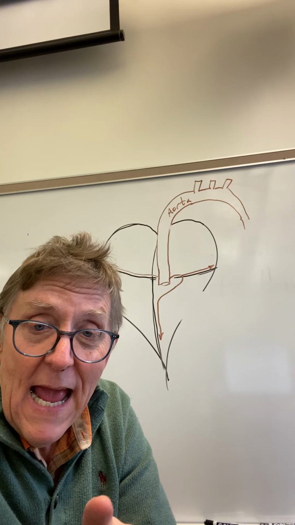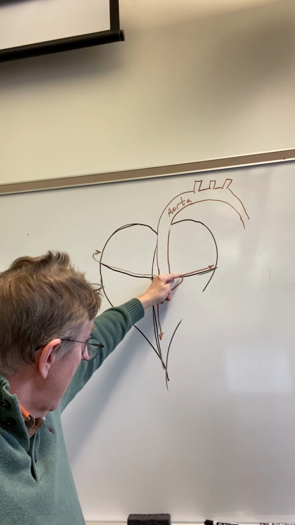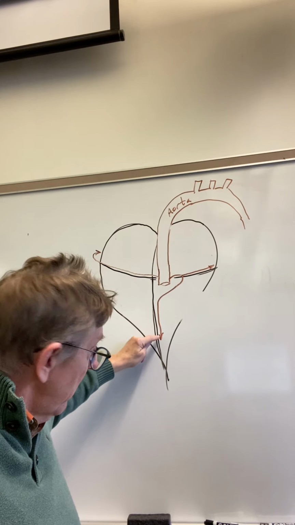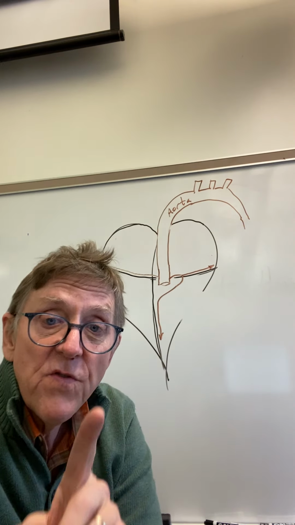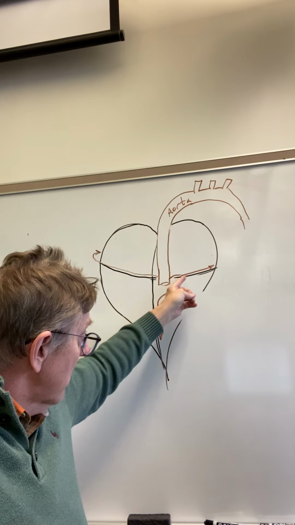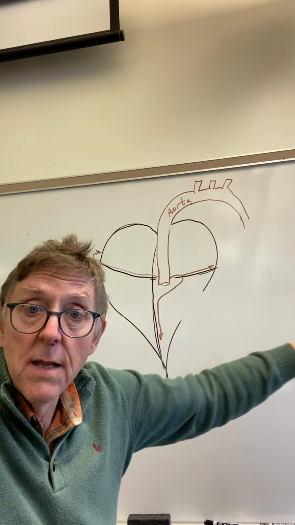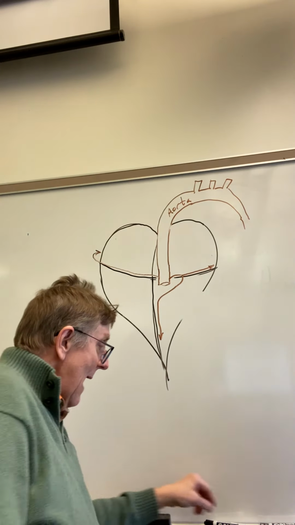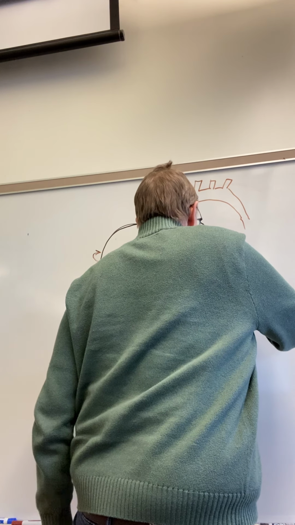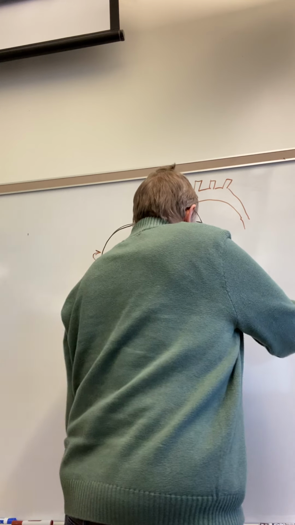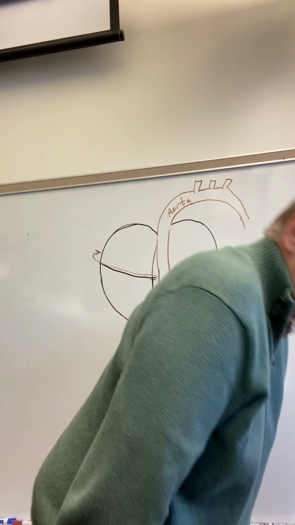But I said it branched, and so the anterior interventricular goes down the front of the heart, but then the rest of it is called the circumflex. And the circumflex artery is going to go over to the left side of the heart, and it's going to give rise to what we call the left marginal artery, which is going to go down the side of the heart.